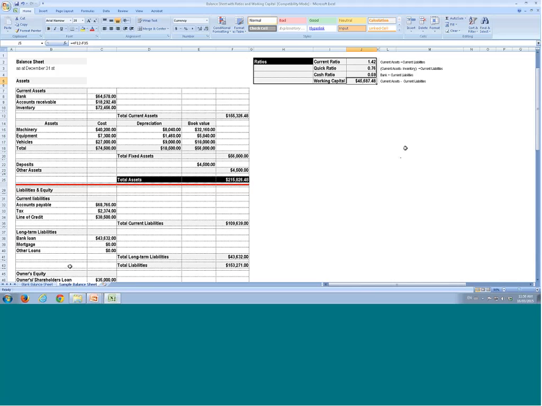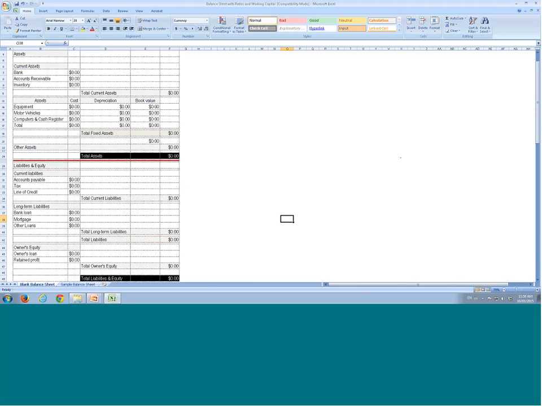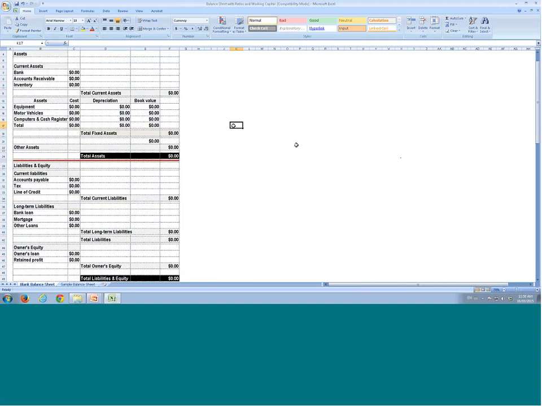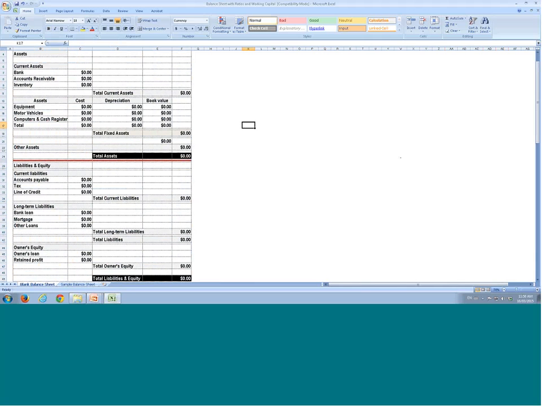Let me just show you, because often business owners wonder, why does the balance sheet always balance? So I'm going to give you a very, very simplistic example so you'll see that there's no magician involved here. It's really quite simple. So let me show you an example. Let's say I start a brand new business.